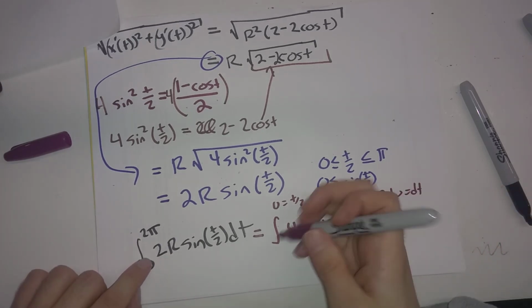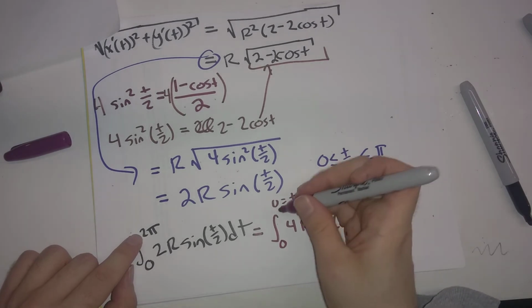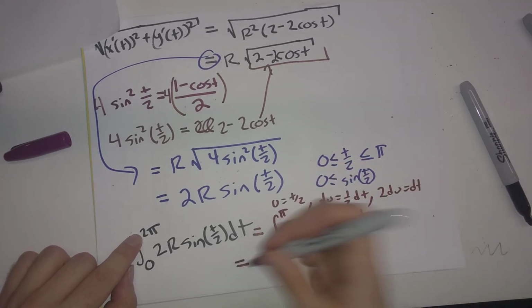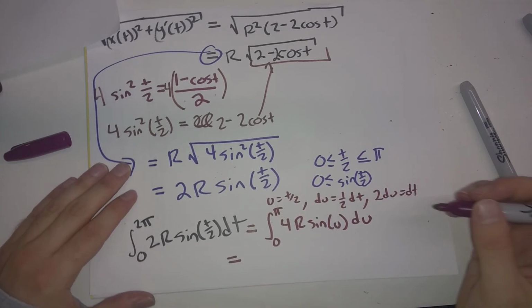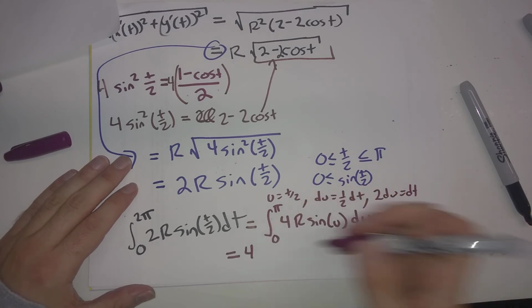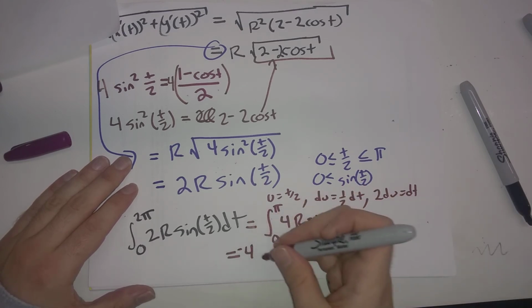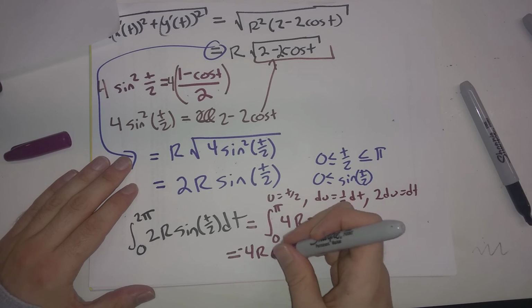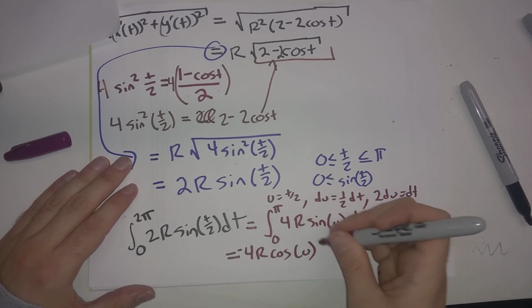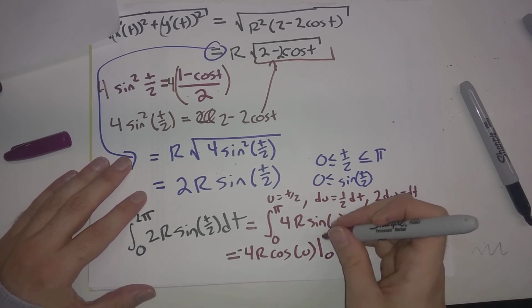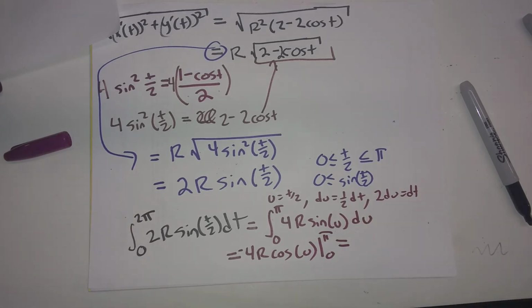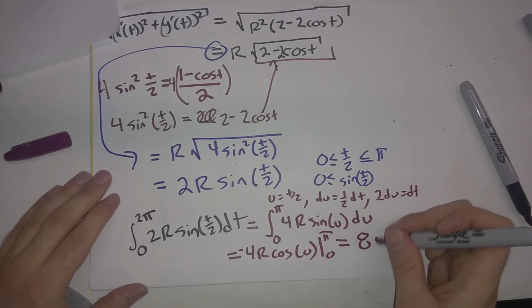When t is 0, u is 0. When t is 2 pi, u is pi. So we are left with minus 4r cosine of u, plug in 0 to pi. And so this should give us 8r.